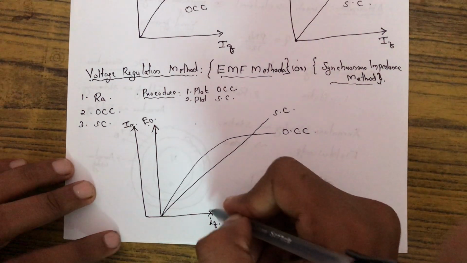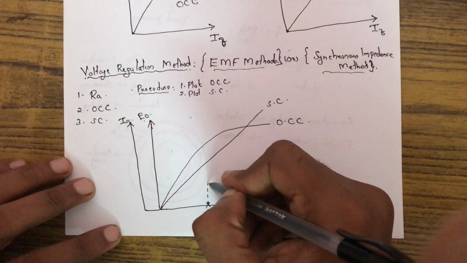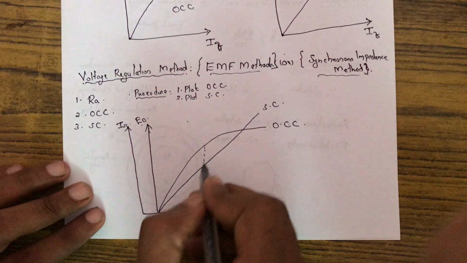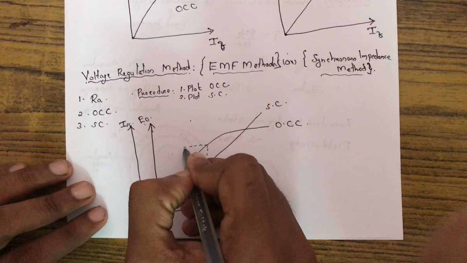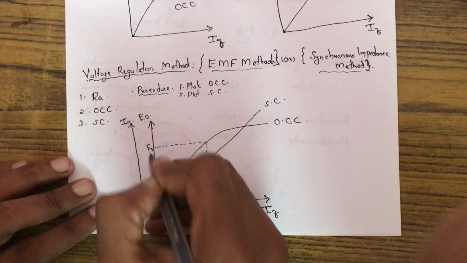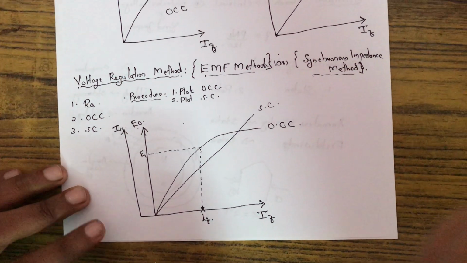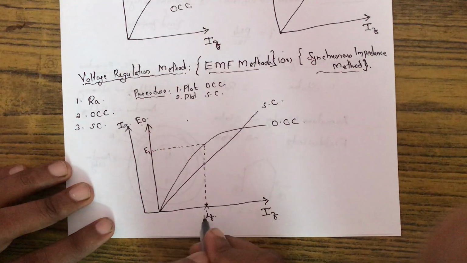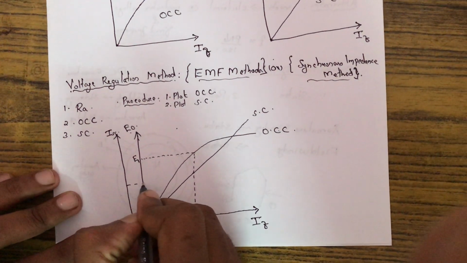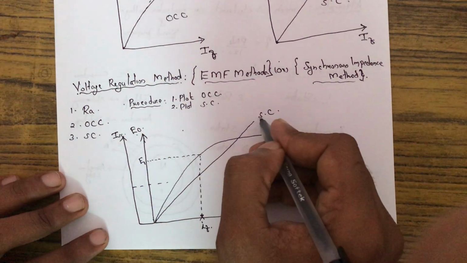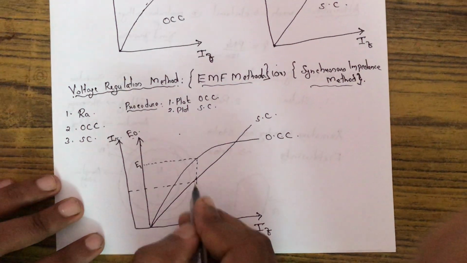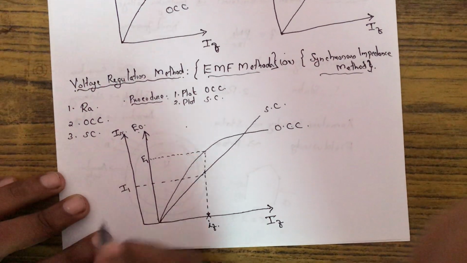So the open circuit voltage corresponding to this field current B, let us say that is E1. And the short circuit current for the same field current B, we can get from the short circuit characteristic, let us say I1.